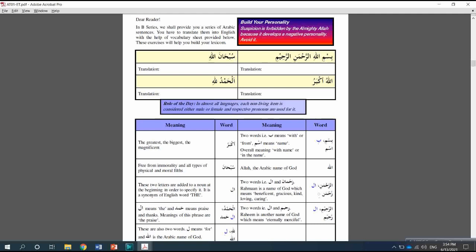It means in the name of Allah, who is beneficent and kind, and eternally merciful for us.